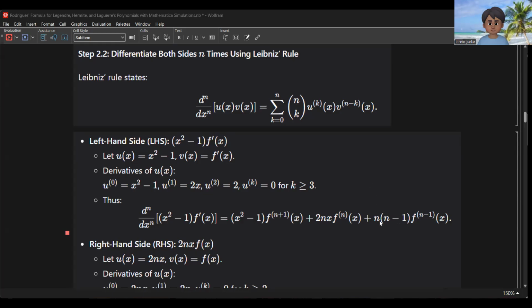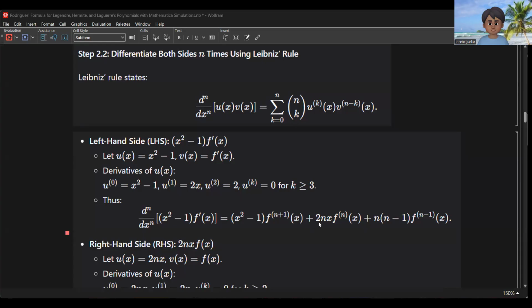Then we multiply by the decreased derivative, the n minus 1 derivative of f of x.